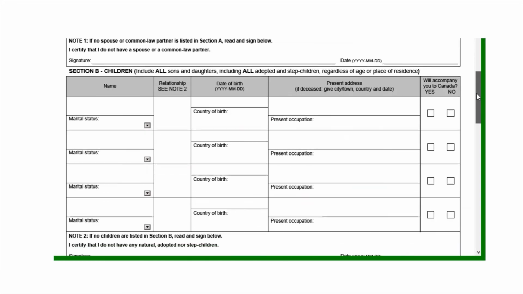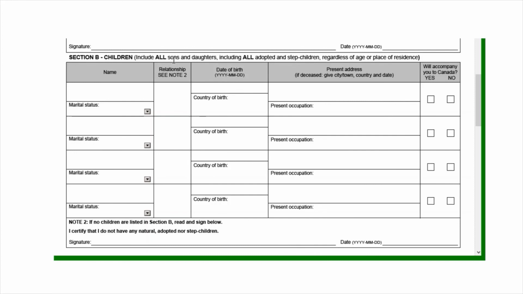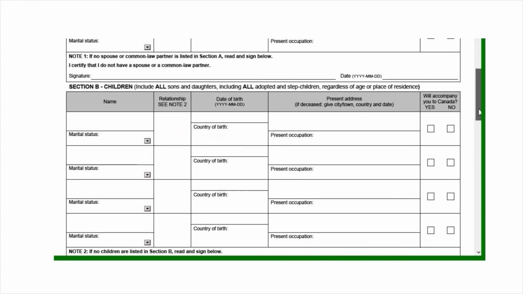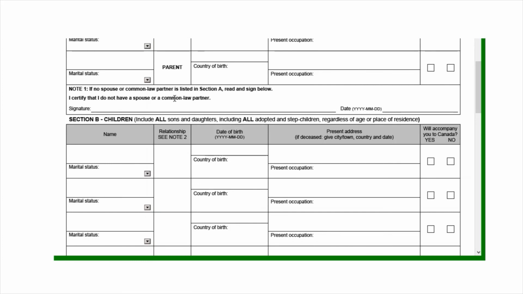So include all your sons, your daughters, all adopted and stepchildren, regardless of their age or where they live. Okay? And if you are single and you don't have a spouse, make sure you sign that you don't have a spouse and date it. Be careful if you are married, because this can haunt you if you come back and want to apply for your spouse.